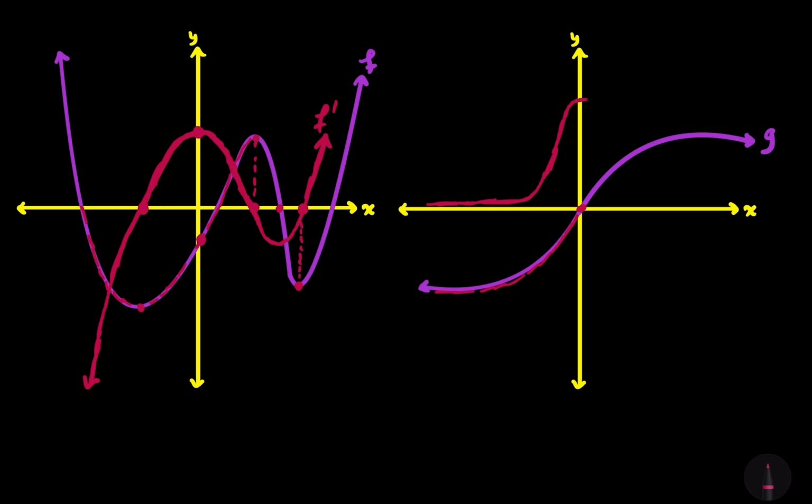And as we reach the origin, you could almost think of this as a point of, not really a point of inflection, but I suppose you could, because at this point right over here, the slope of our tangent line is at a maximum, right? Because relative to every other point on this graph, it looks like we are increasing the most right at the origin. And so that can be a maximum for f prime right over here.